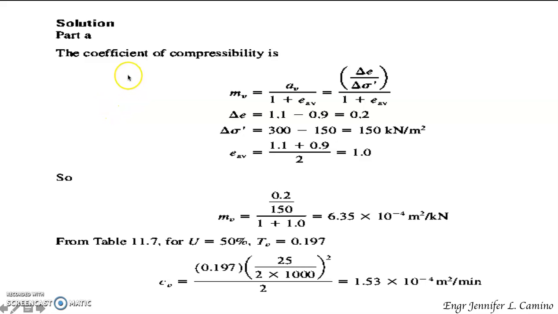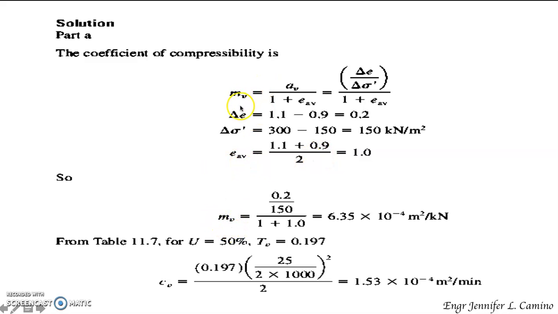So for our solution, we have the coefficient of compressibility. We have to take note of this. M sub v is given with this expression. Delta e is equal to 0.2, and the change in sigma prime is 150 kilonewton per meter squared. Of course, e sub av is equivalent to 1.0. We just have to substitute this into the equations presented a while ago.